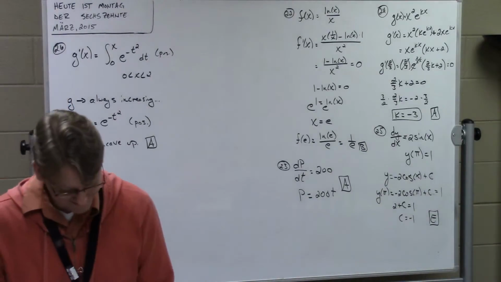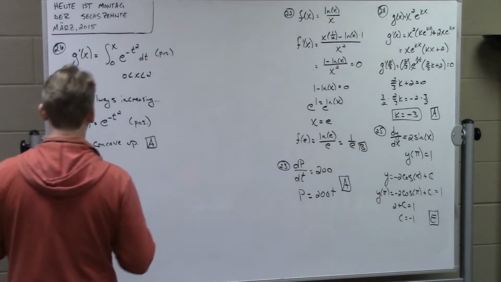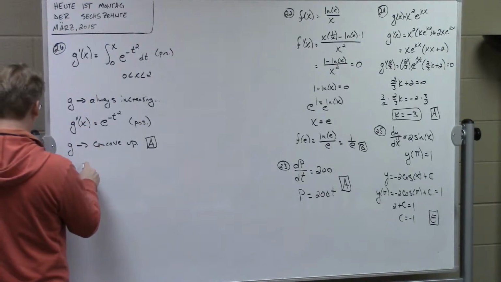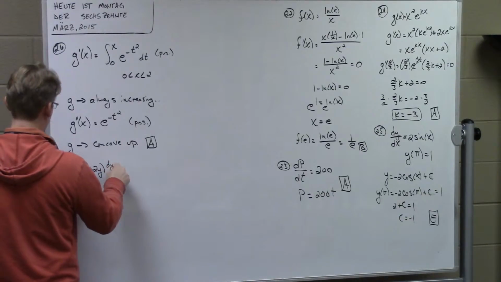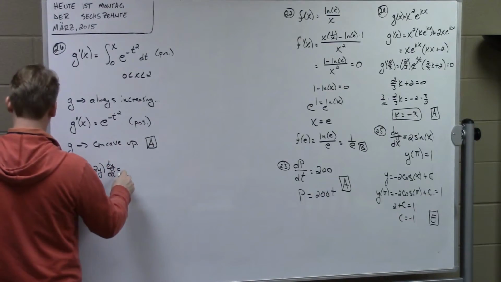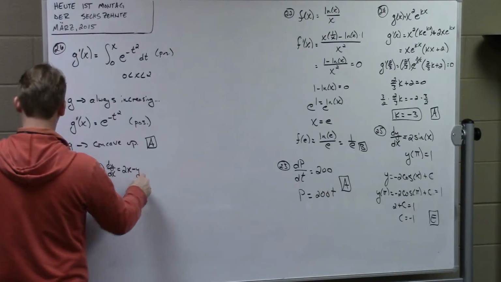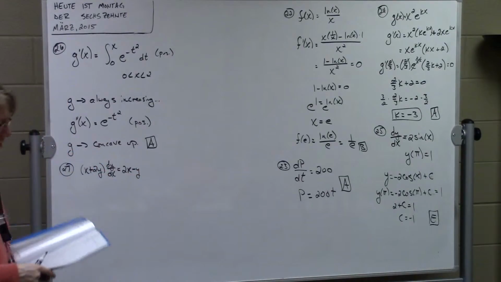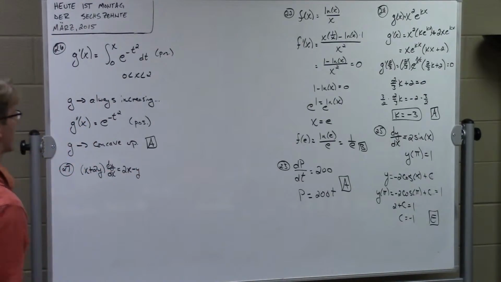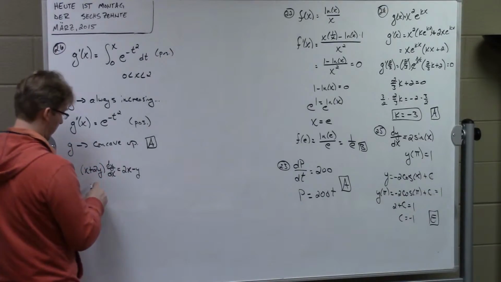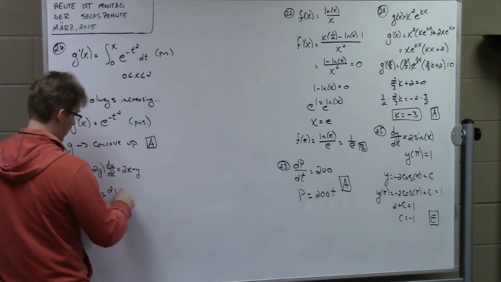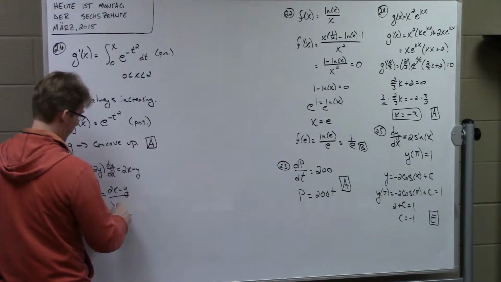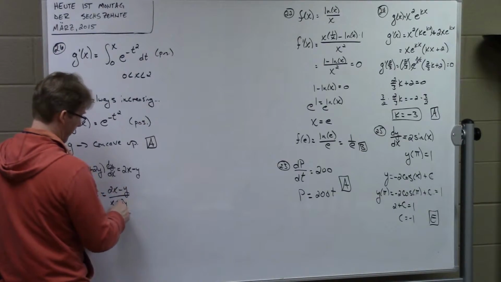27. I did skip one on accident, I'm sorry. Okay, we have x plus 2y dy dx is equal to 2x minus y. They want you to find the second derivative at (3, 0). The very first thing I would have done was solve for dy dx and gotten 2x minus y over x plus 2y. Make it easier.